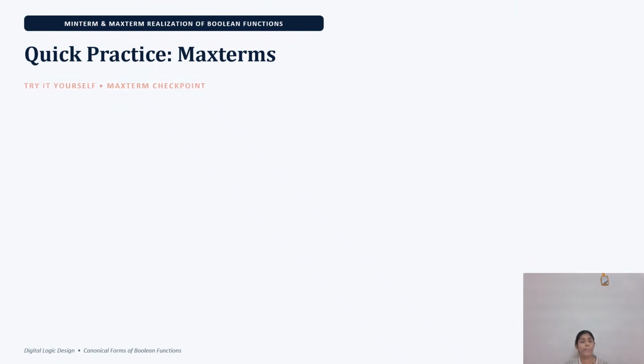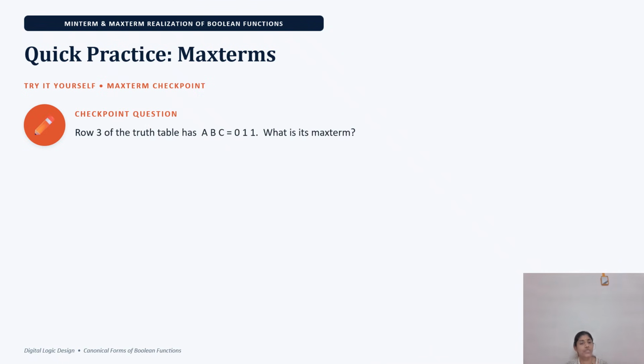Okay. So quick practice. Try this by yourself. So this is a checkpoint I mentioned here. In the checkpoint, I have given you the problem. Row 3 of the truth table has ABC equal to 0, 1, 1. What is this? It's a maxterm. So hint, remember, bit equal to 1, complement the literal.